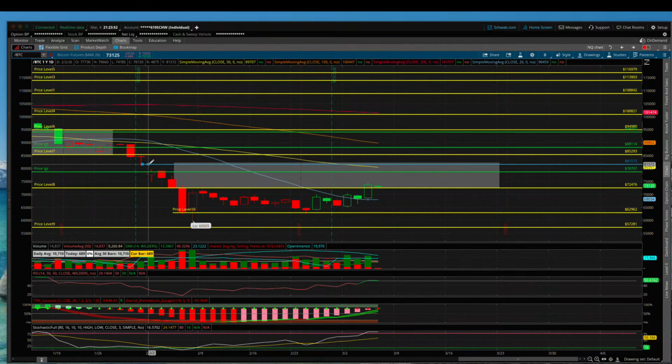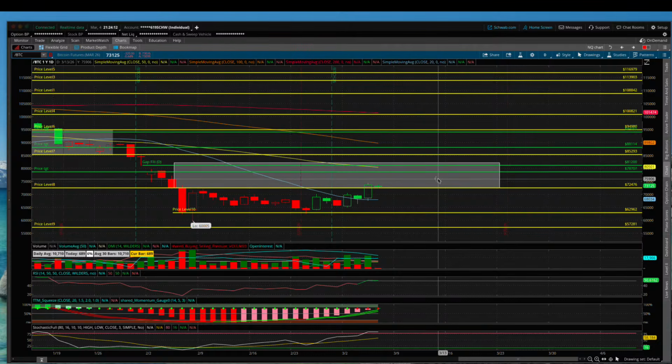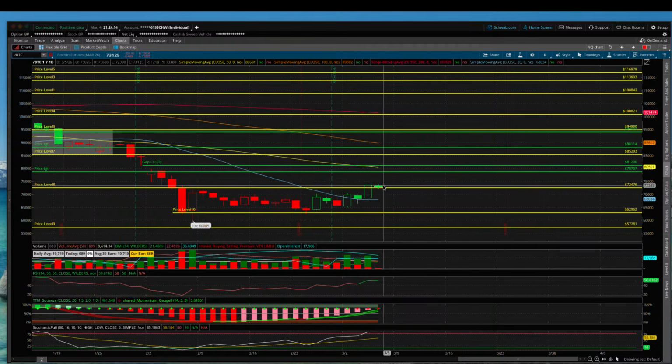All right? So, gap fill. 81,200. Okay. So that's going to be our gap fill there. And if it does that and starts moving away from the bottom that it created, we start moving away from this price, right?